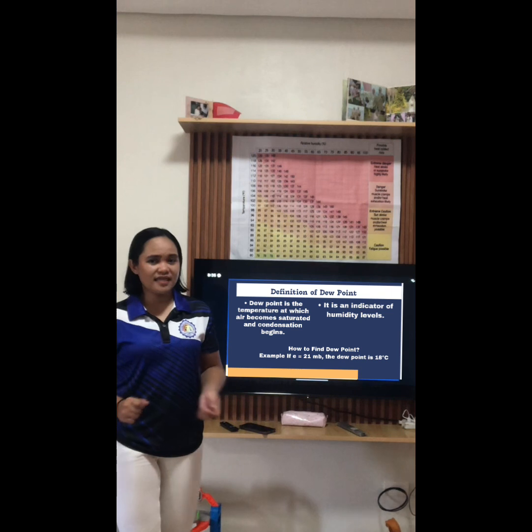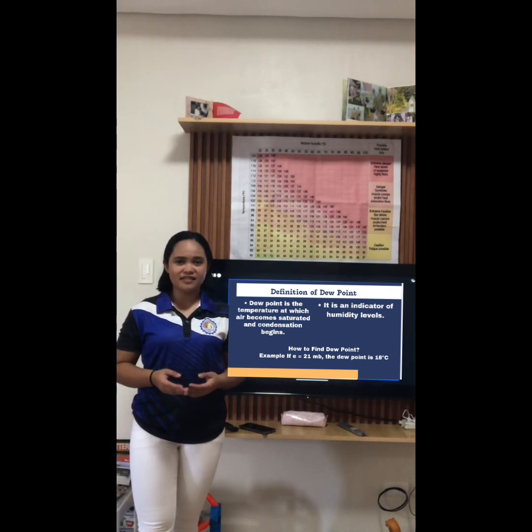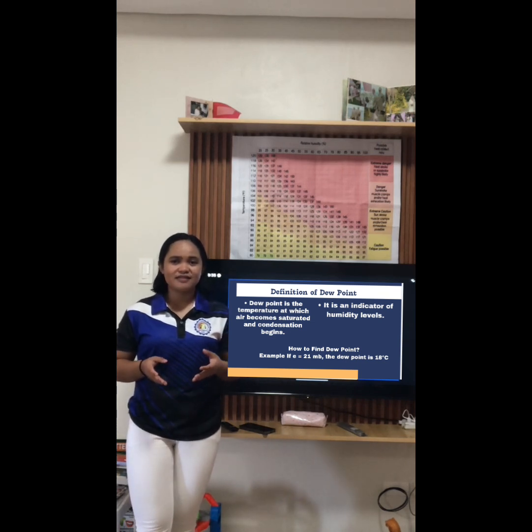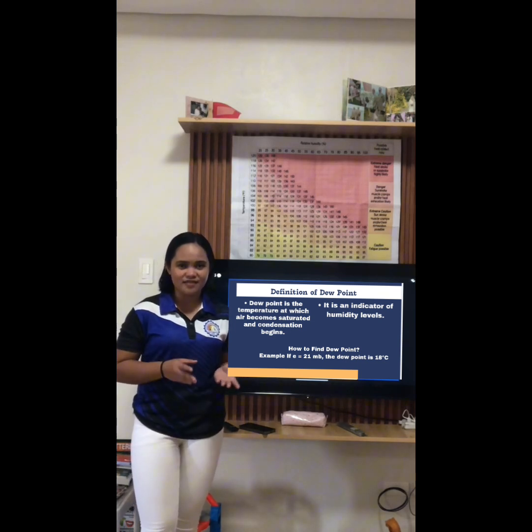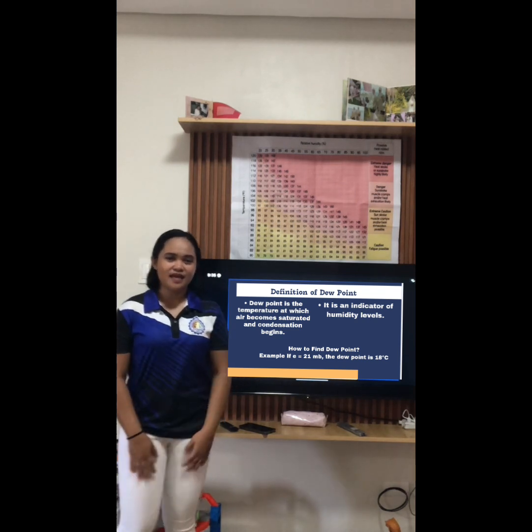Now, humidity affects how we perceive temperature. The heat index, also known as the apparent temperature, combines air temperature and relative humidity to determine how hot it feels.